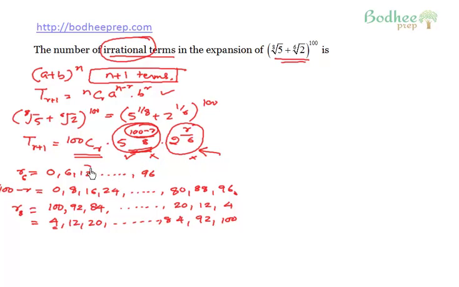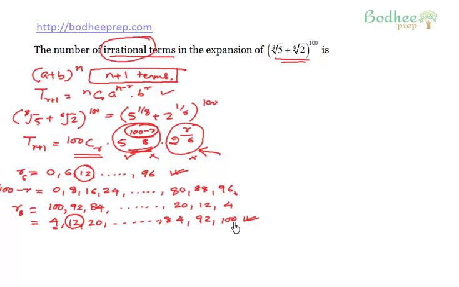For example, r equal to 12 satisfies both. This is the minimum value of r such that both terms are rational. The other values can be found by taking the common terms of the two series.